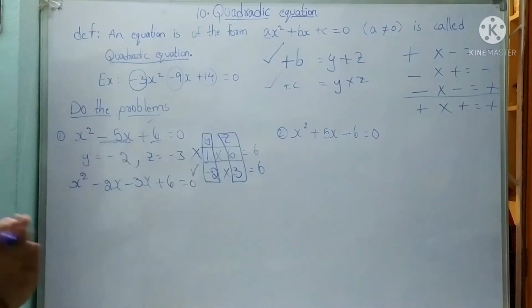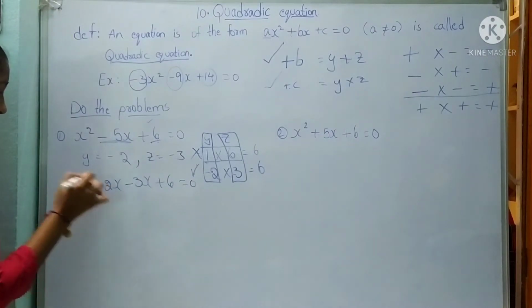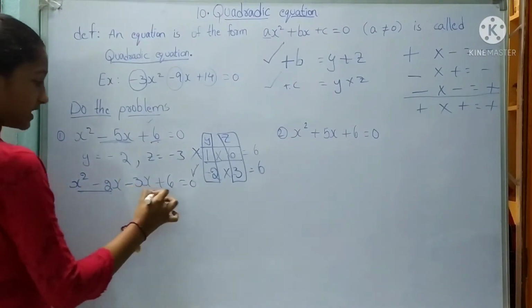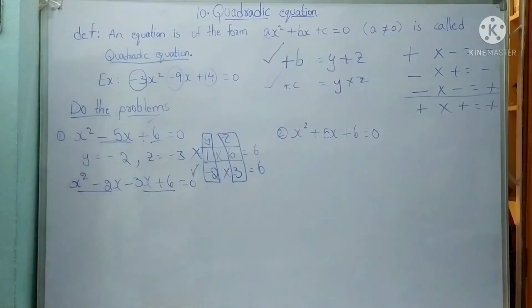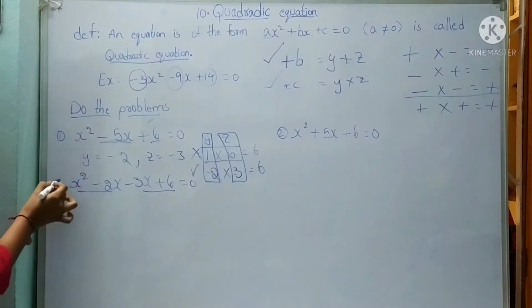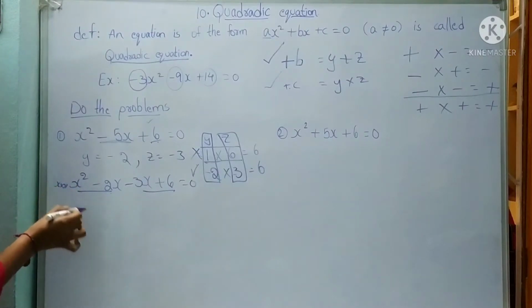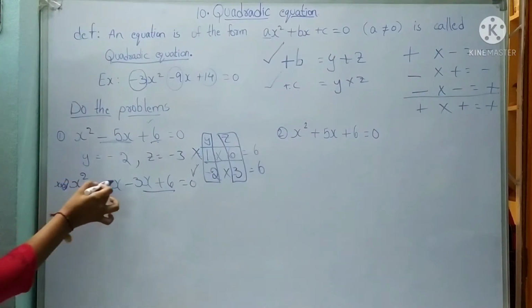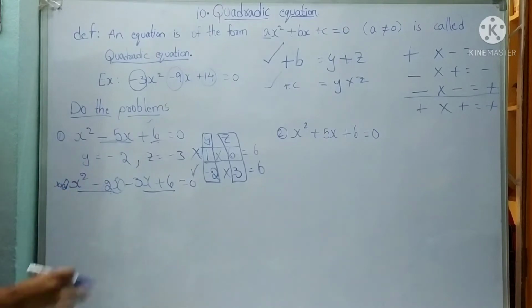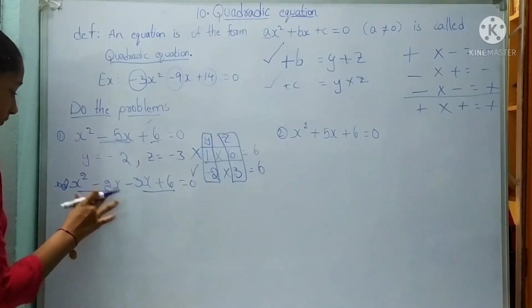So we have to take the common. So here in x, this is one pair I am taking and this is one pair I am taking. Okay, so here in x square, that means x into x, and 2x. So here one common x is there, so that's why I am taking x as the common.